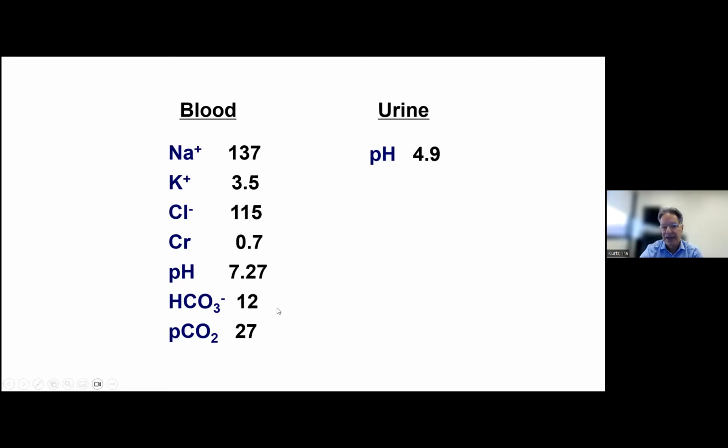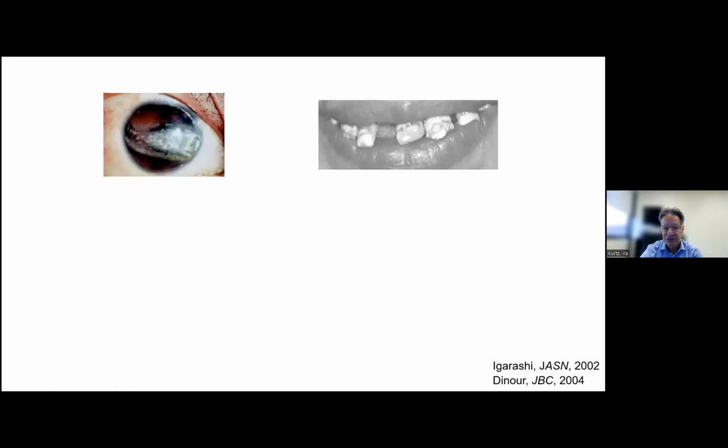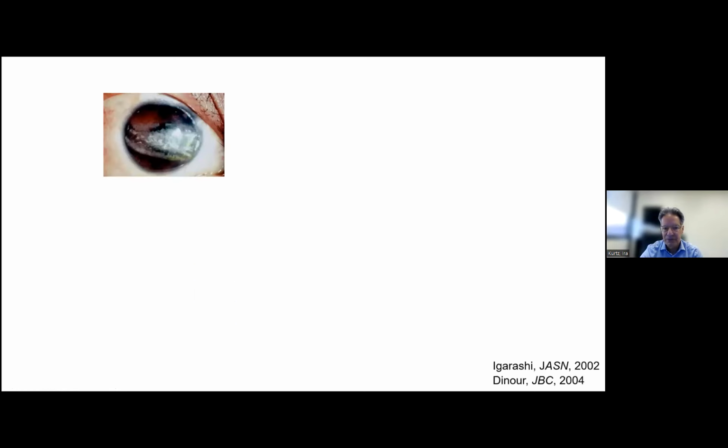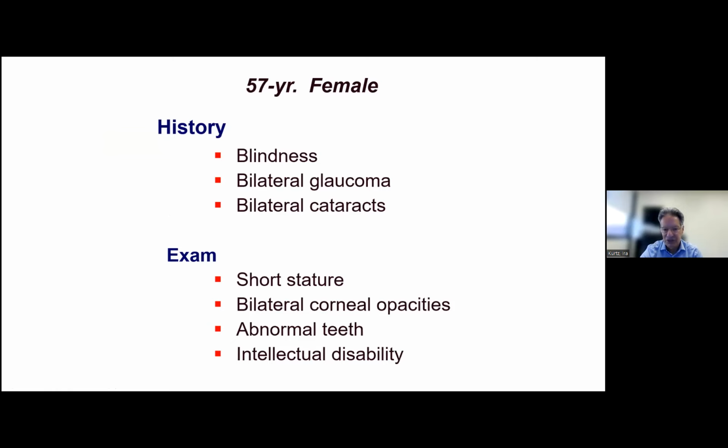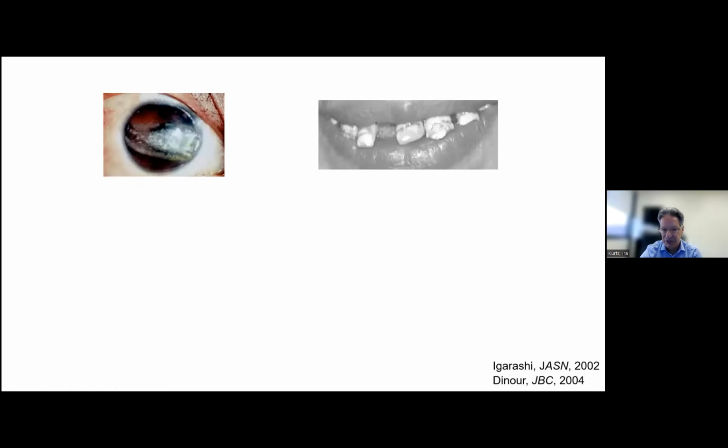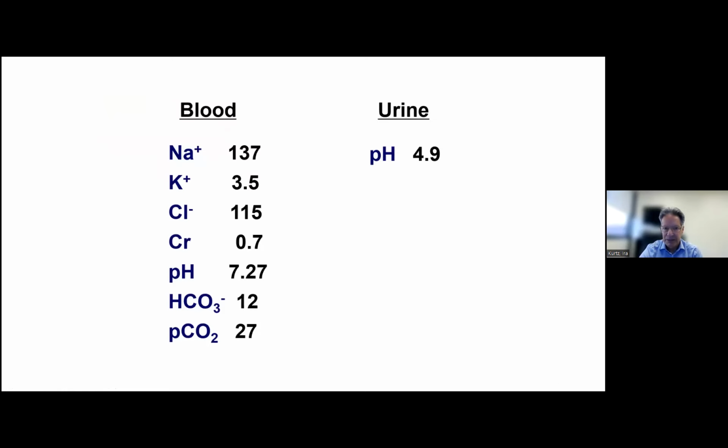So as you get more experience from the clinical scenario, both those pictures and what is shown here, this can only be proximal RTA on a genetic basis. There's nothing else in medicine that causes this phenomenology. So that would be one reason for wanting to work the patient up for proximal RTA further.